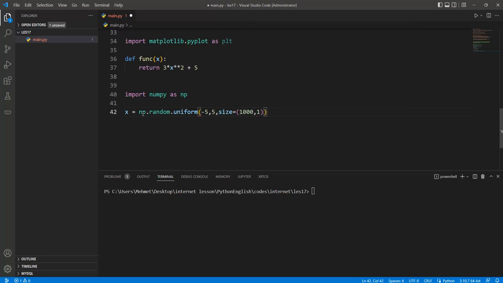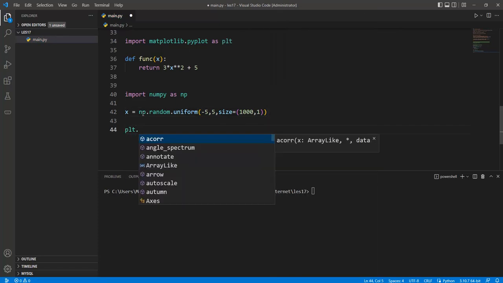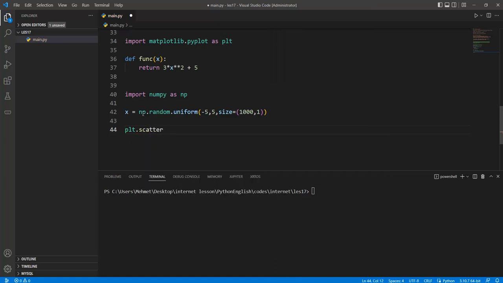We can generate this data in here like this one, and so the plt.scatter function can be called in here like this one, and plt.show should also be called in here. Okay, but why should func x be utilized like this one? Okay, and so y is our output, x is input.